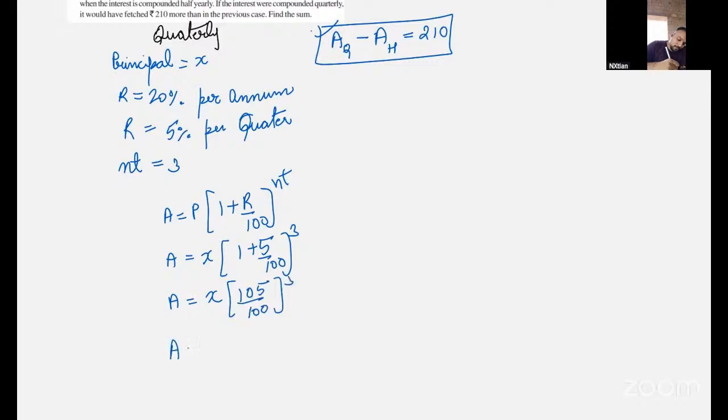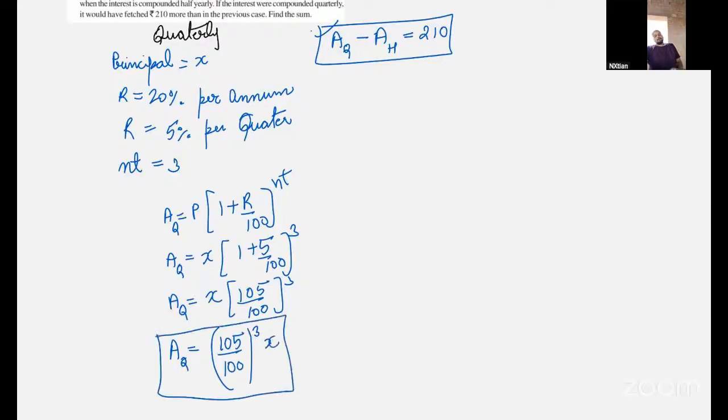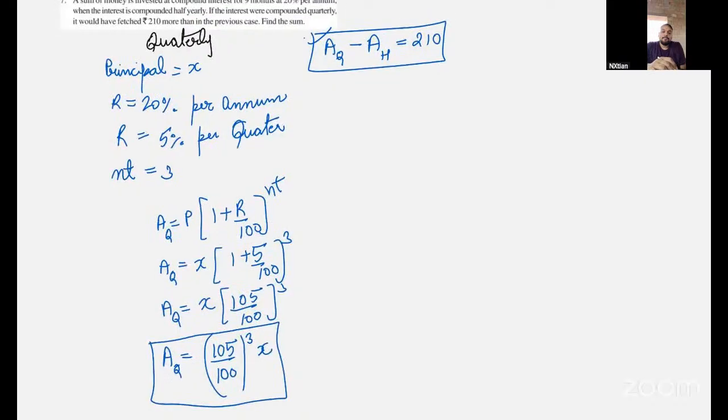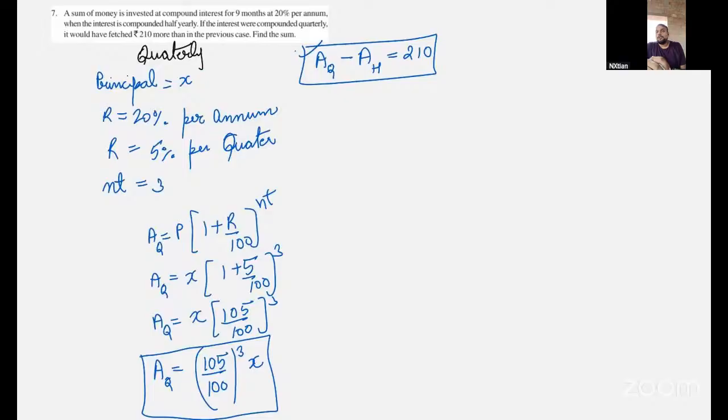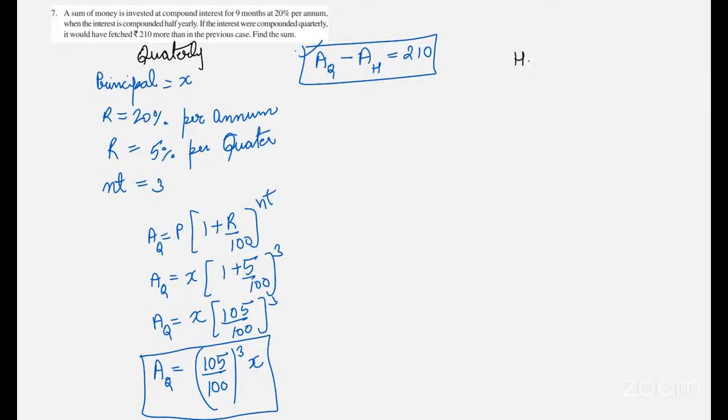So I got one value, which is the amount for quarterly: (105 upon 100) cube into X. Got it? Say yes or no? Abraham, Christiana, Miraculin, do you have any doubt in this, guys? No, sir. It was clear, because we did a similar kind of sum yesterday.